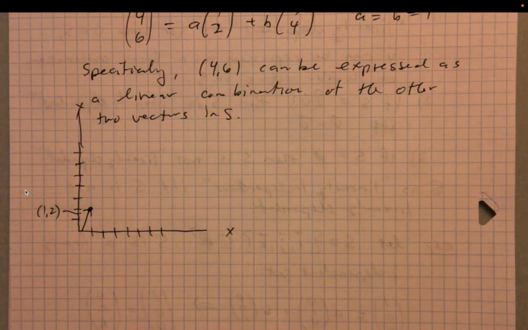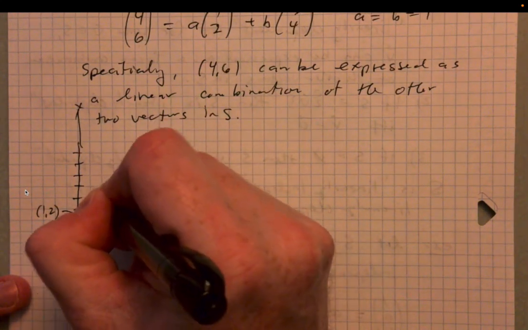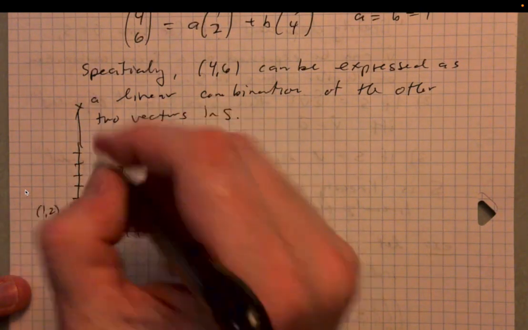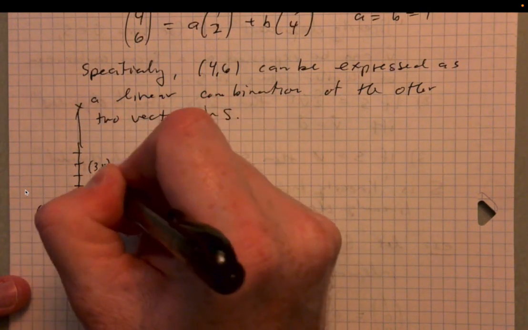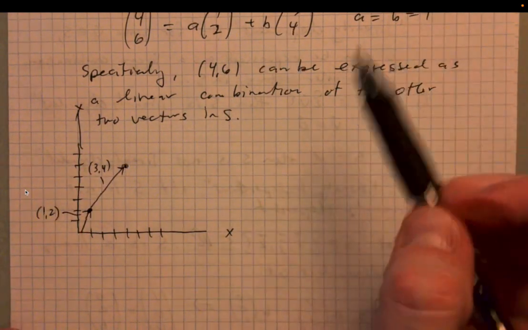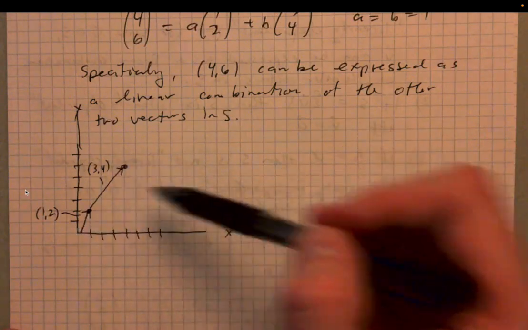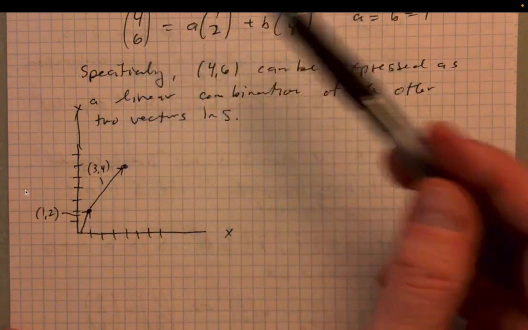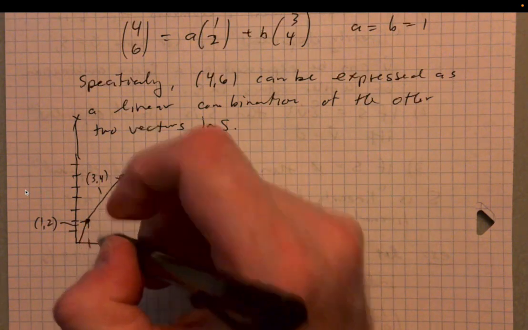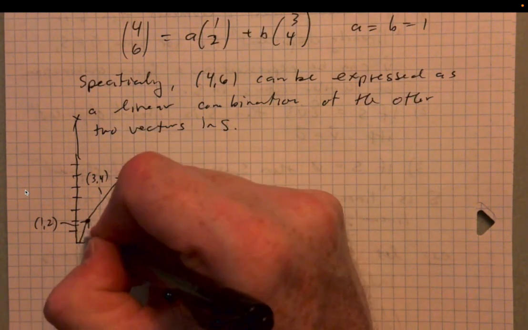And then let's add (3, 4) to it: 1, 2, 3 over, 1, 2, 3, 4 up, and we get up to here. So (1, 2) plus (3, 4) geometrically will get you to the same place as (4, 6). So (4, 6) would be 4 over, 6 up.